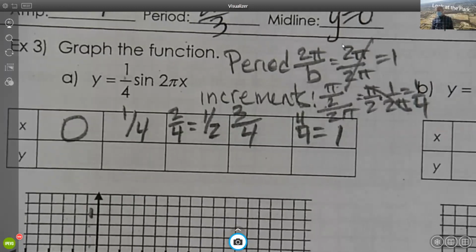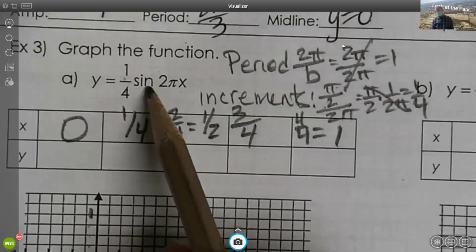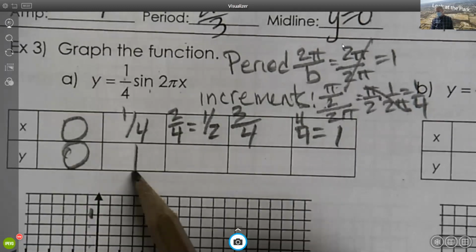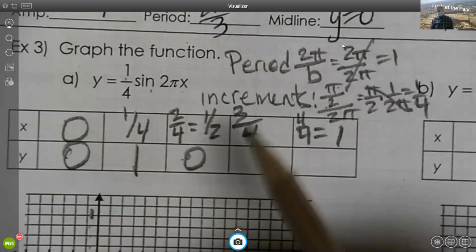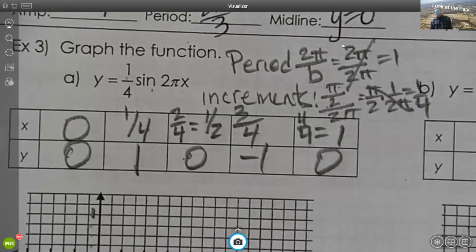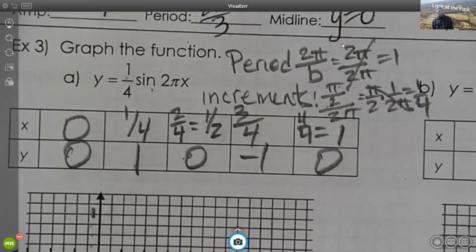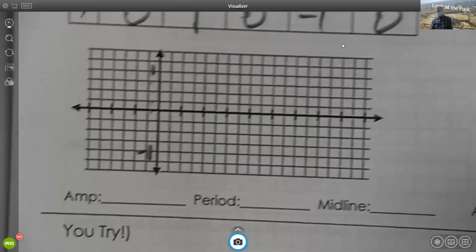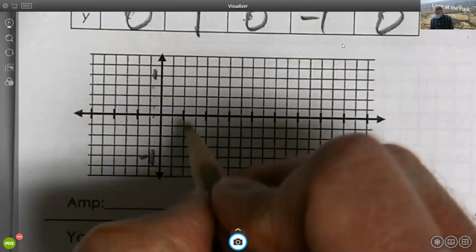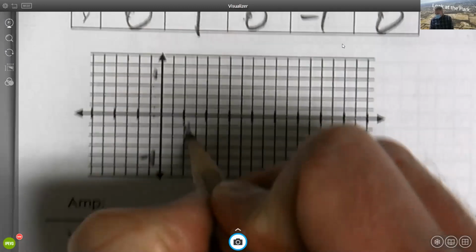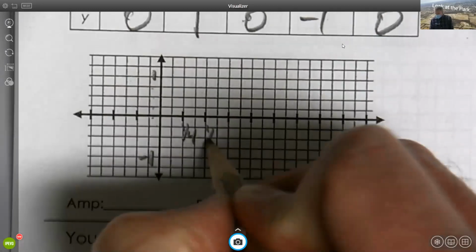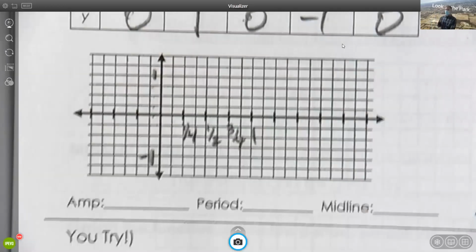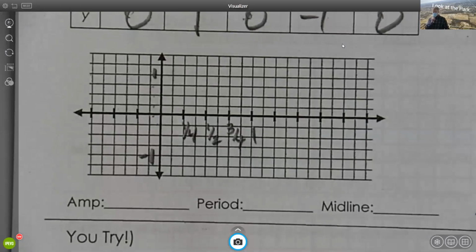This is a sine graph. So the sine graph would typically start out at 0 and then go to 1 and then to 0 and then -1 and back to 0. So we know that our increments are going to be 1/4, then 1/2, then 3/4, then 1. That's how your x's are changing.